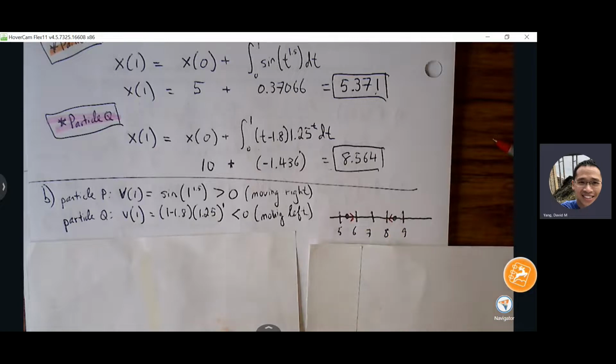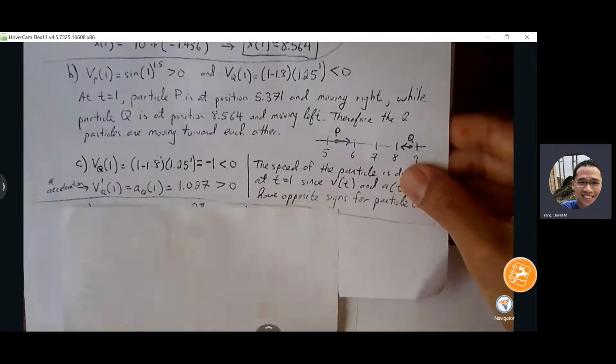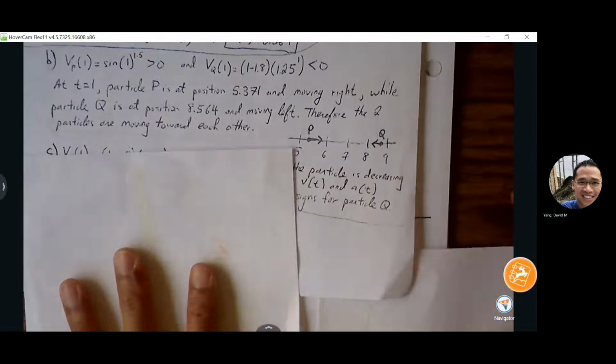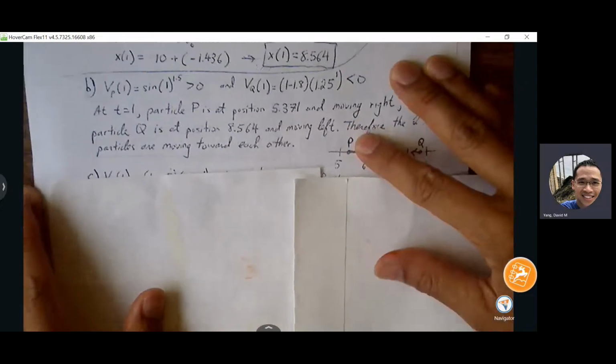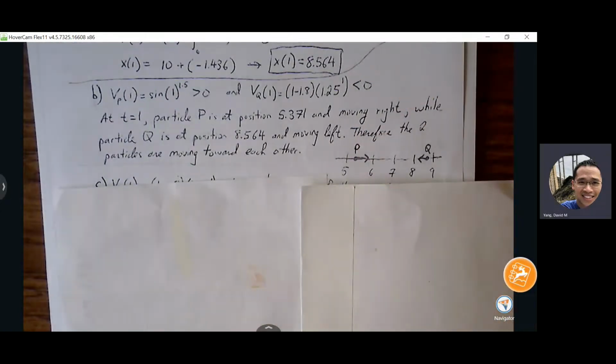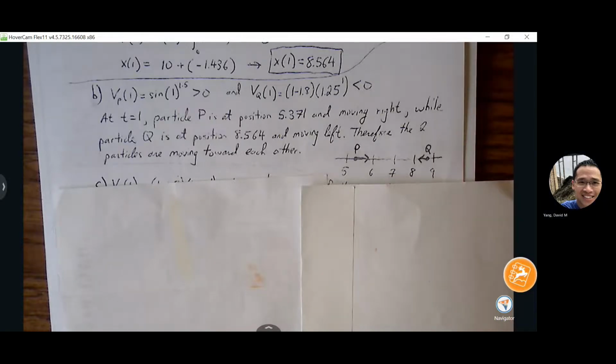Towards each other. Okay, so here's the justification that I wrote down. At t equals 1, particle P is at position 5.3, moving right. Particle Q is at position 8.5, moving left. Therefore, the two particles are moving towards each other at t equals 1.